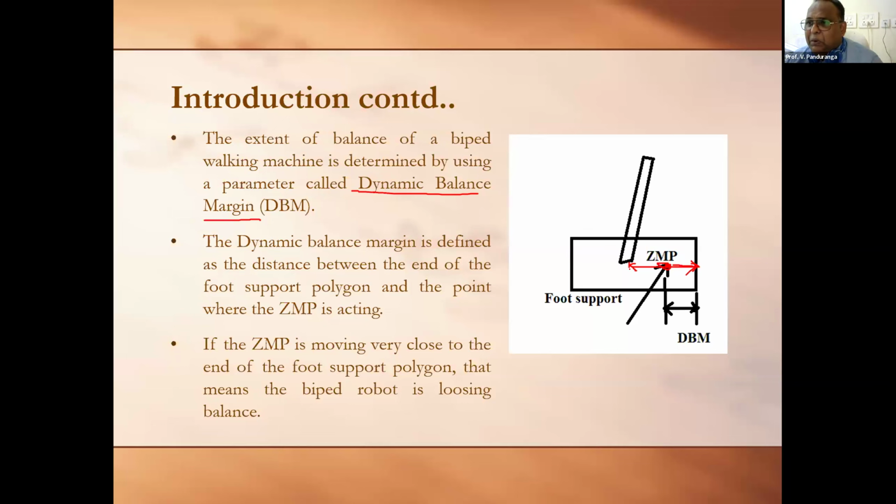What are we doing? We are trying to regain our balance by providing moments in the opposite direction to the one in which we are falling. A similar thing we will implement here also. When the ZMP is moving out of the foot support polygon, we have to apply moments in the reverse direction so that the point is pulled back inside the foot support polygon and the robot maintains the balance.